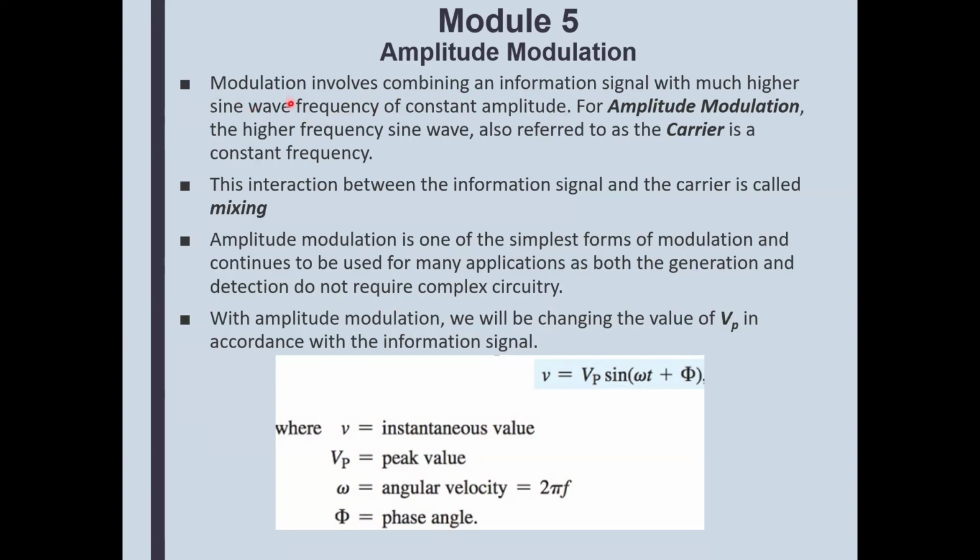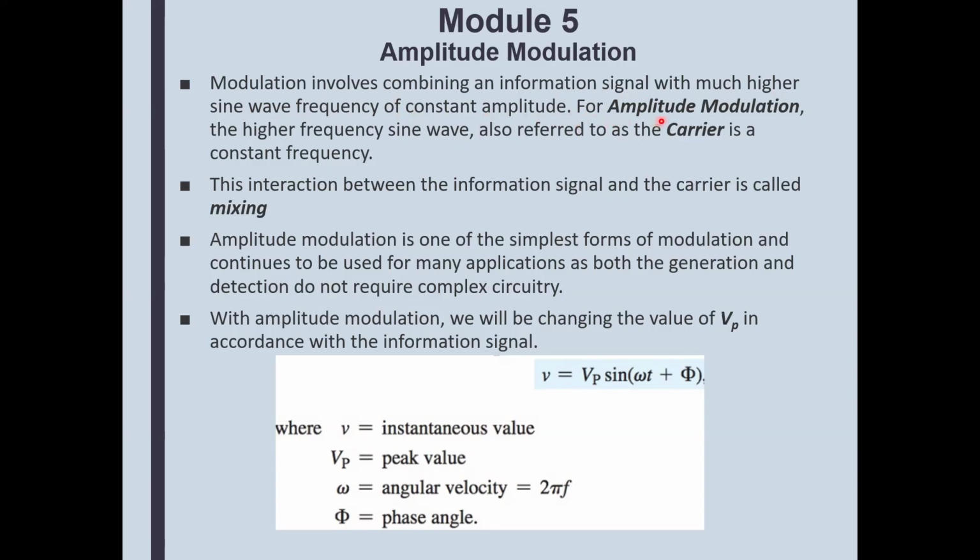So again, the modulation involves combining the information signal or intelligence signal with a much higher sine wave frequency, and that much higher sine wave frequency is of a constant amplitude when it goes into the mixer.